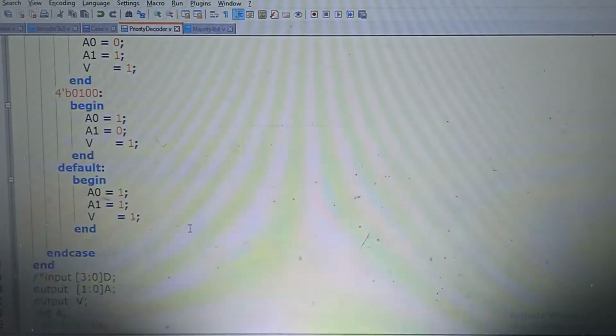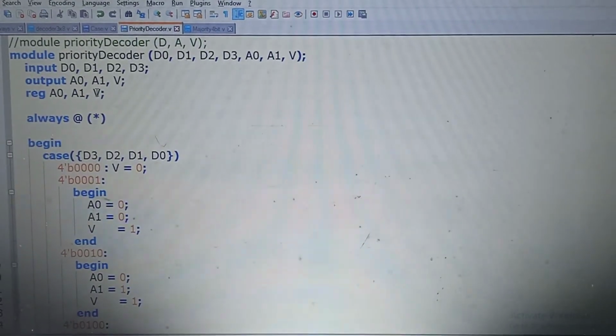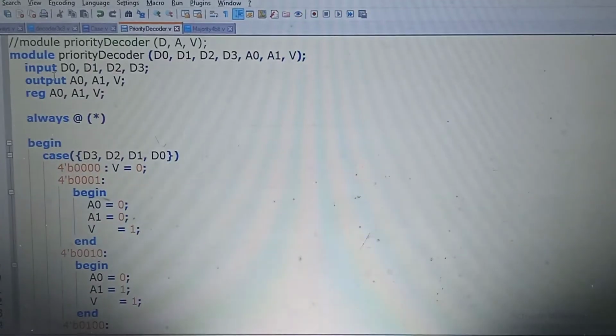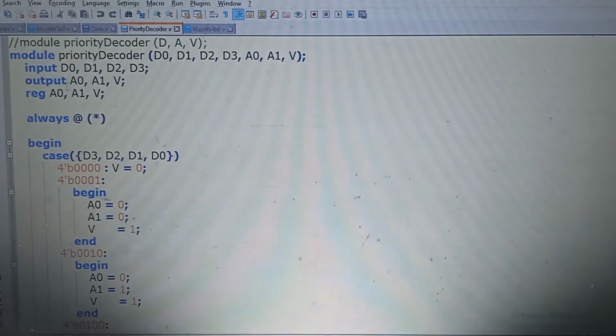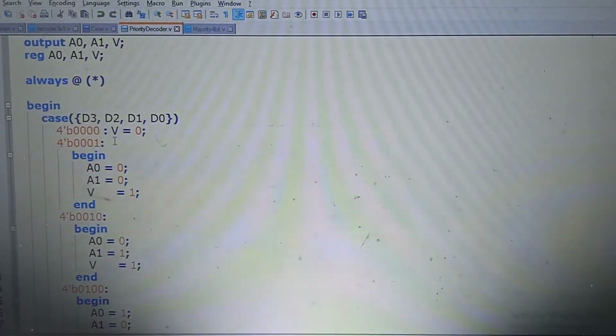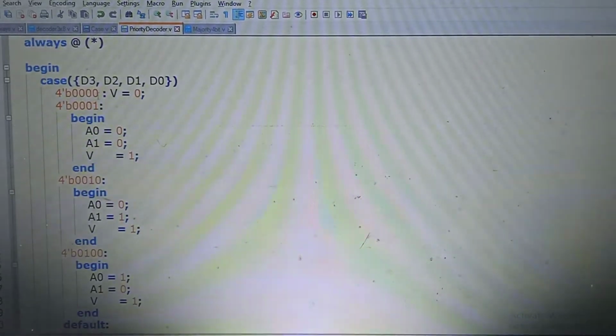So we name our module priority encoder with 4 inputs and 3 outputs, where our inputs are D0, D1, D2, D3, and our outputs are A0, A1, and B, then reg A0, A1, B. So case, since we have 4 inputs, we put here D3, D2, D1, D0 as our inputs.